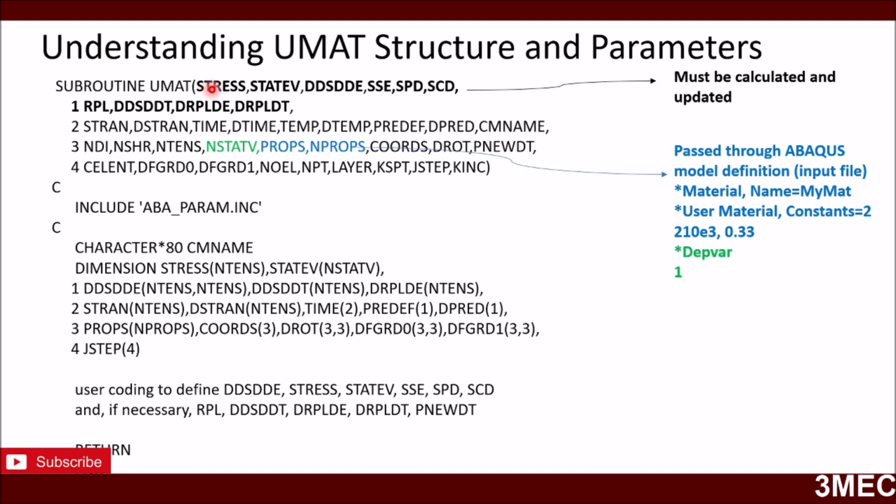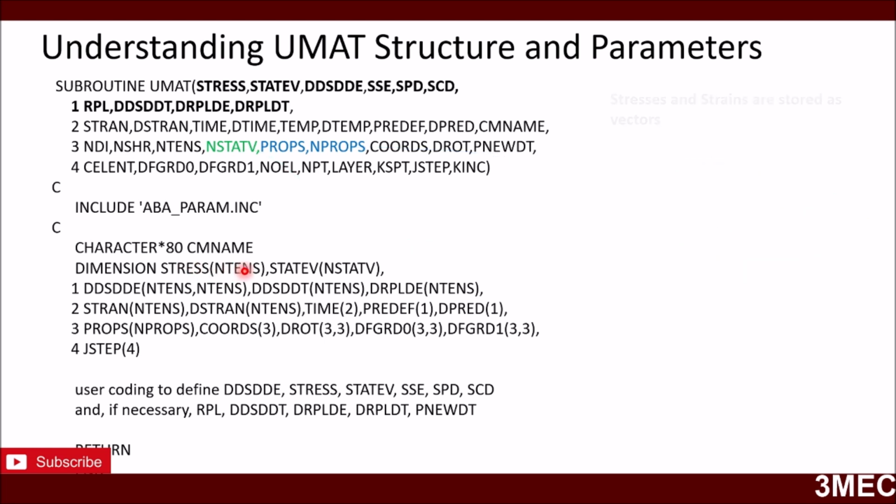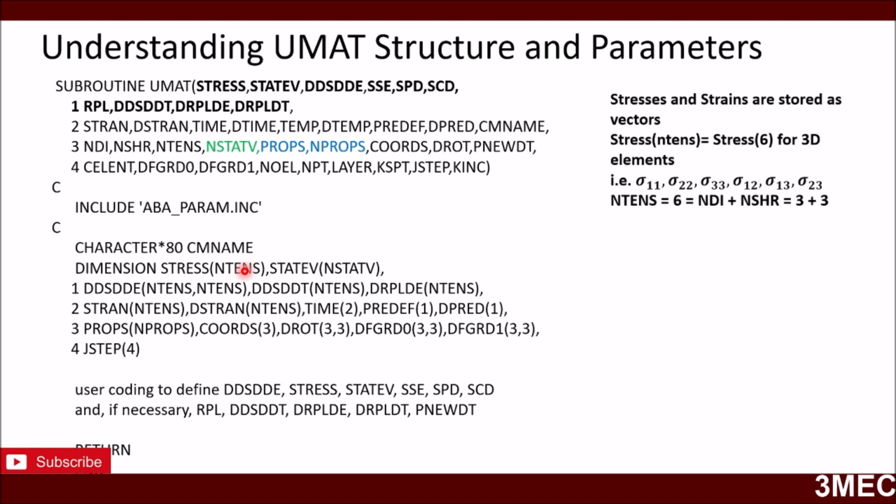If you look at different things, for example, how many components of stresses there are, how many state variables, and so on, ABAQUS defines their arrays. For example, stresses are stored as a one-dimensional array, as you see here, with ntens. And what is ntens? That's what I'm going to explain now. Stresses are stored as vectors, as I told you.